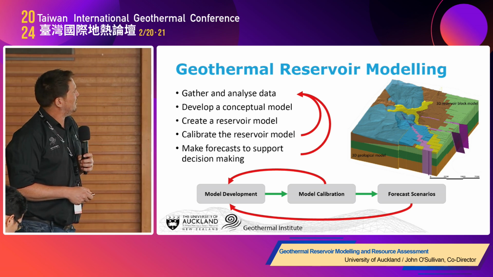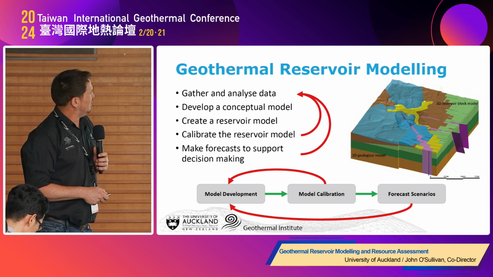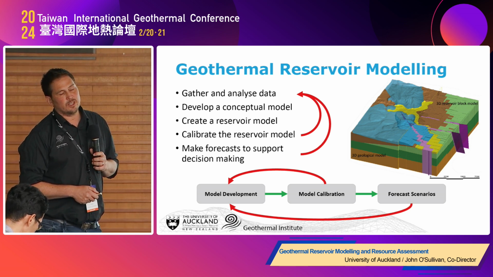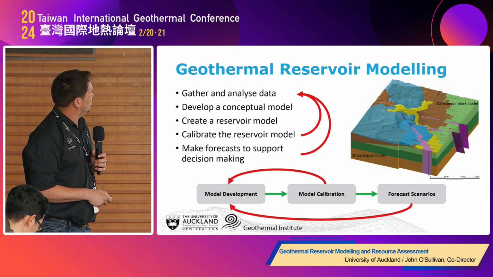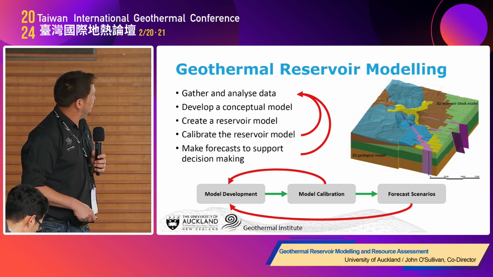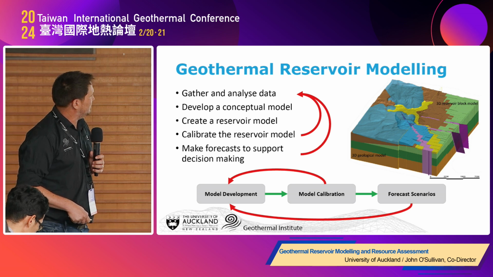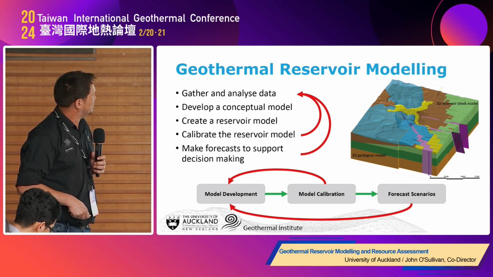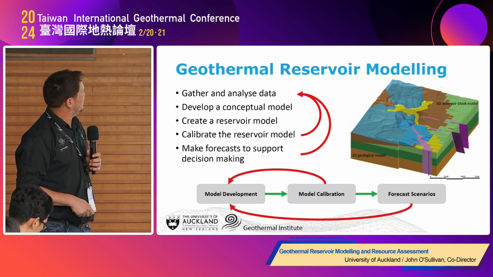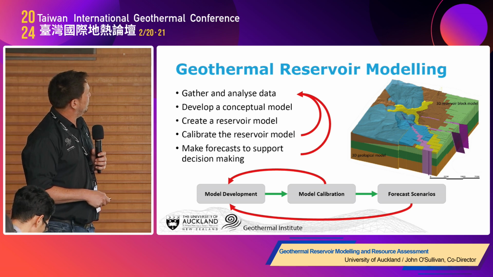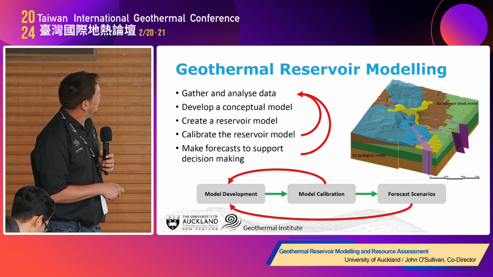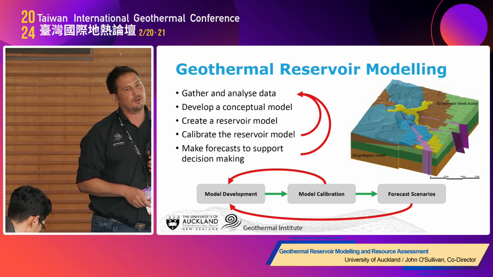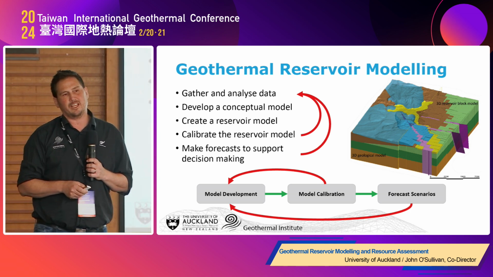Throughout the life of your geothermal project, you'll be constantly calibrating the model, feeding information from your calibrated model back into the model development, running forecasts and feeding information back. Over time you'll gather more data, so you have to go back to the beginning and go through this process over and over again.